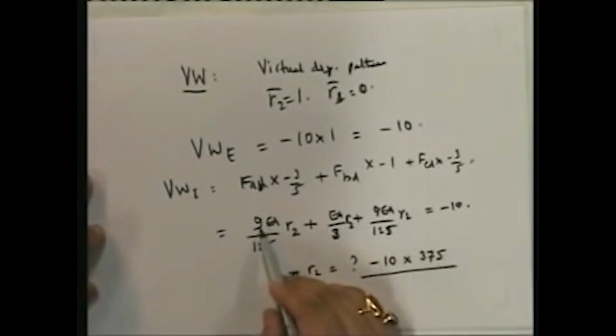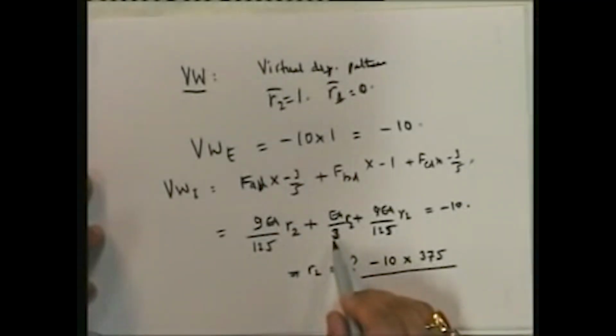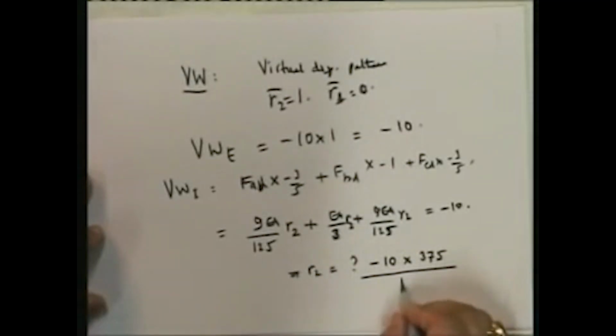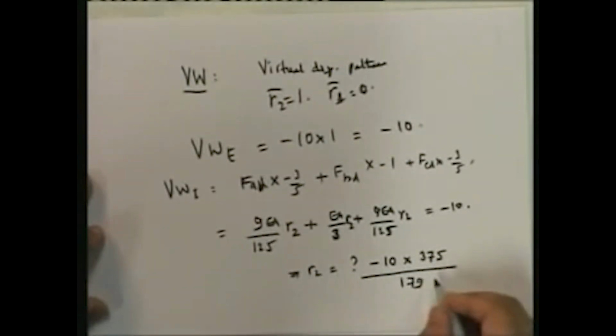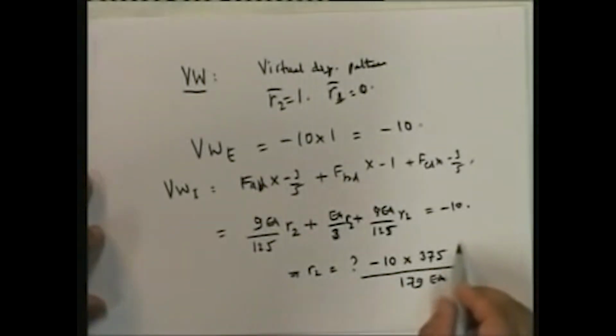So this is going to become 27 plus 27, 54. 54 plus 125. 125 plus 54 is equal to 179. So 179 EA. This is my R2.